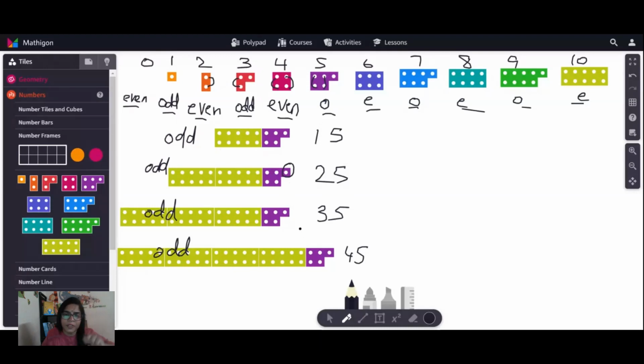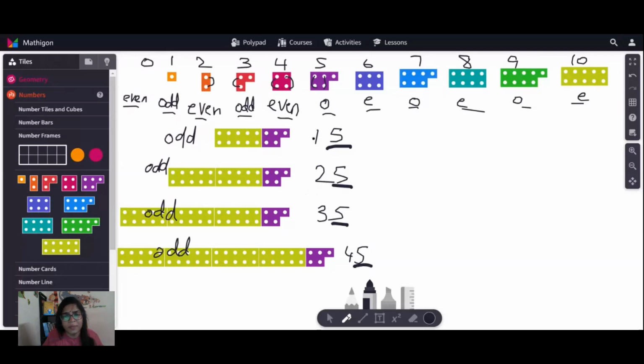Let's talk about the picture side of it. What's same about all the things? Yes, everything has a purple color, right? Purple color, and that's a 5, we know, right? And everything has a 5 here in the ones place. Rest all things the same.